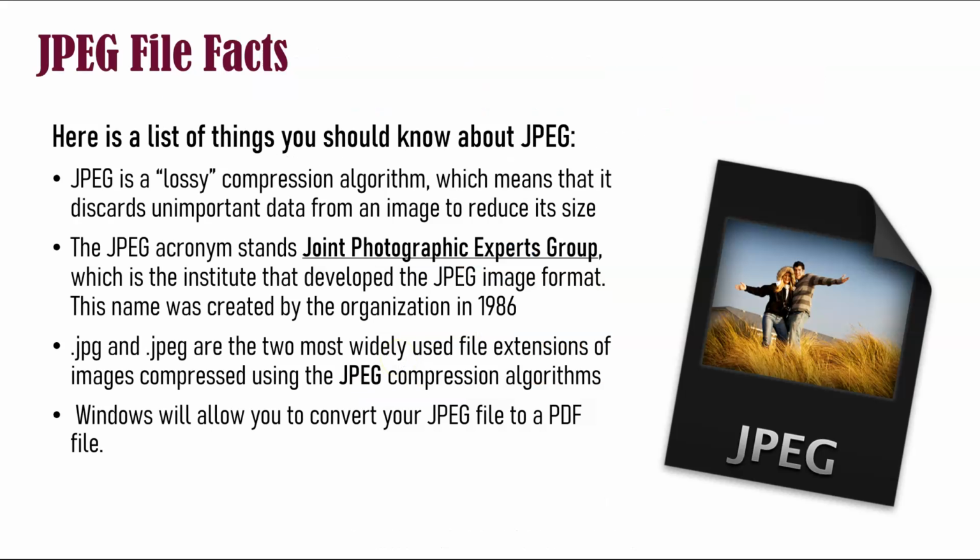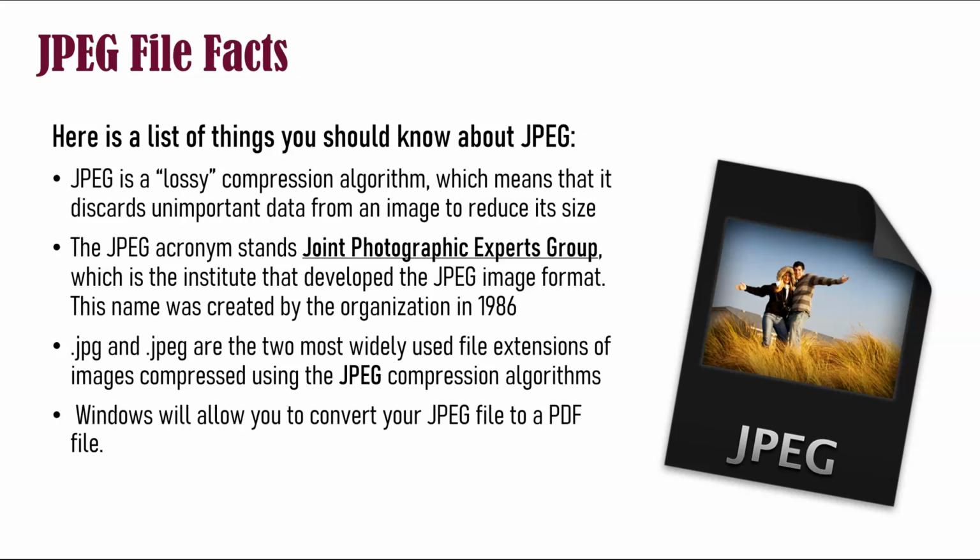So a few JPEG facts. JPEG is a lossy compression algorithm, which means that it discards unimportant data from an image to reduce its size. So when we compress our JPEG files, in order for it to be reduced to a smaller size, it's discarding data that's not needed.